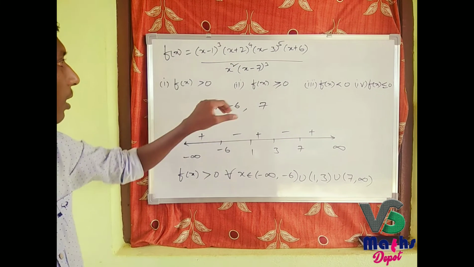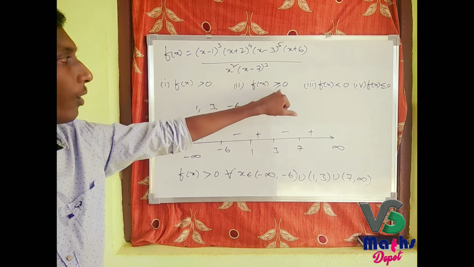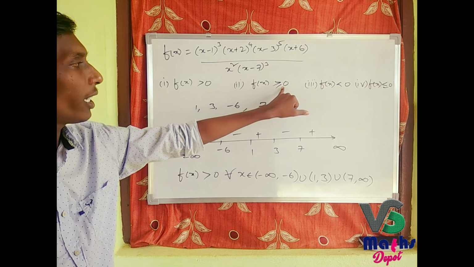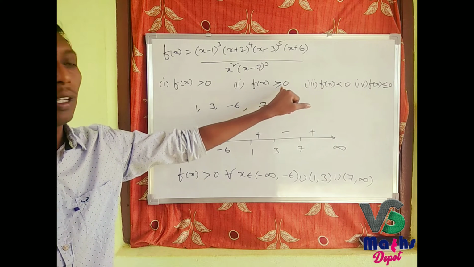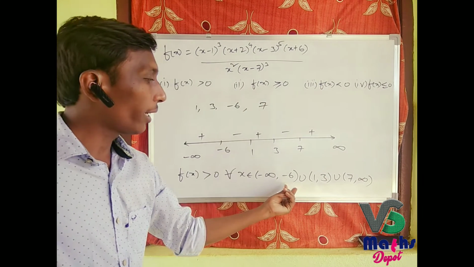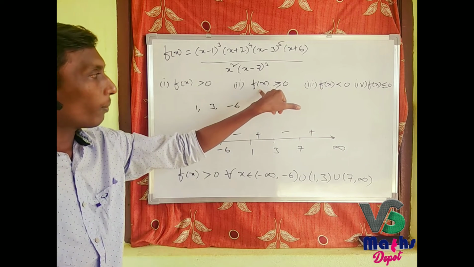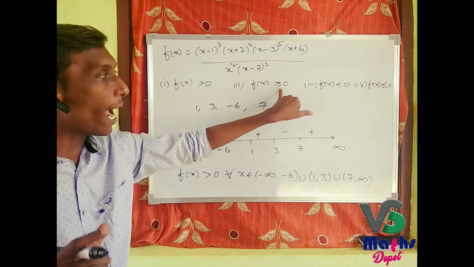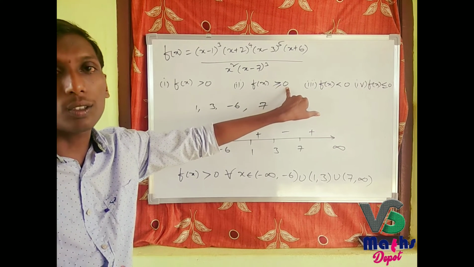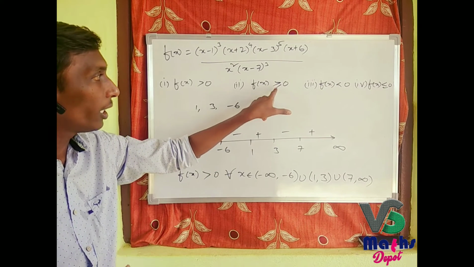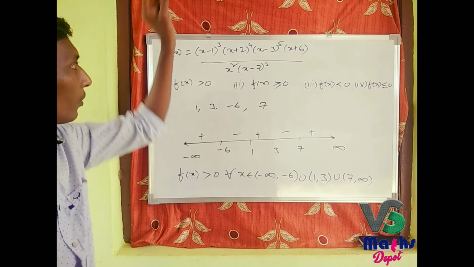Now go to the second one, where f of x is greater than or equal to 0. Here we got the values where it is greater than 0. For this we have to add the equal to 0 case also.